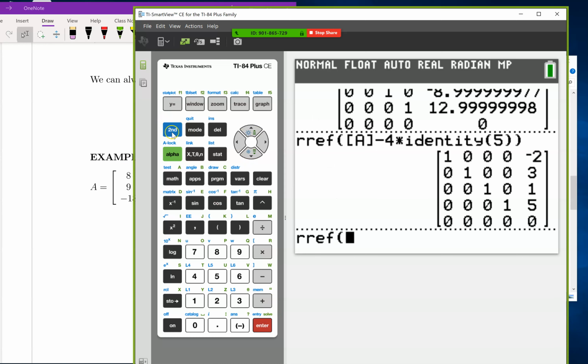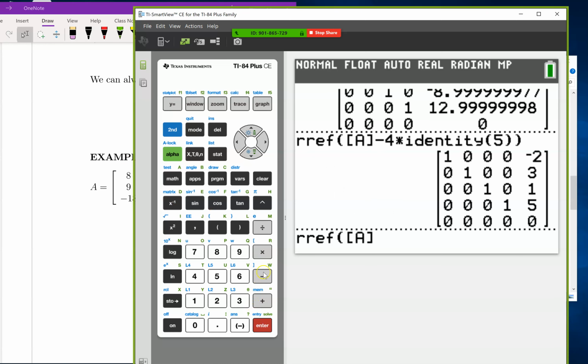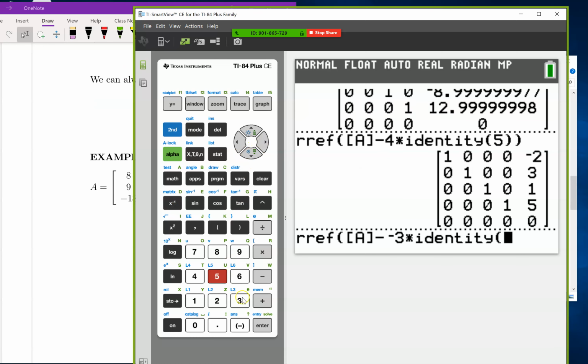And I want to do the matrix A, and I want to subtract off, when we put in -3 for lambda, -3 times the 3 by 3 identity matrix.